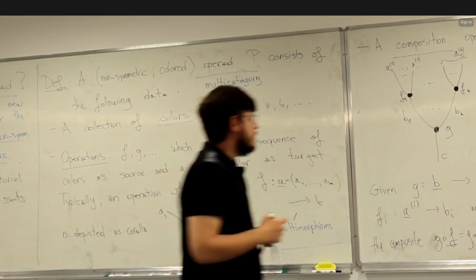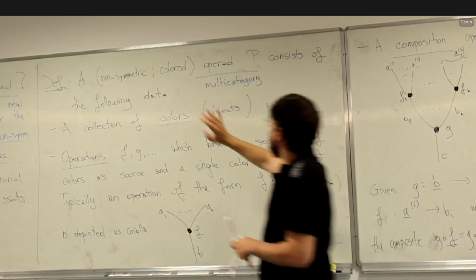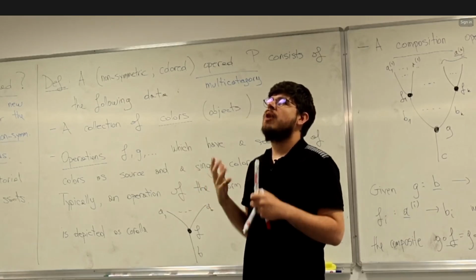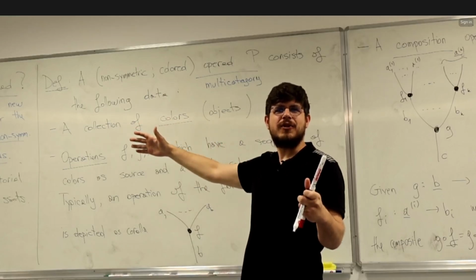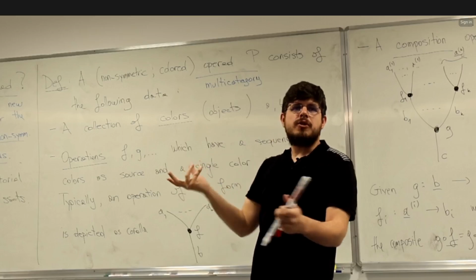And so that's one thing. The reason I say colored is because historically, the first examples of operads have a single color, not a collection of colors. That's similar to categories with one object, which are monoids.